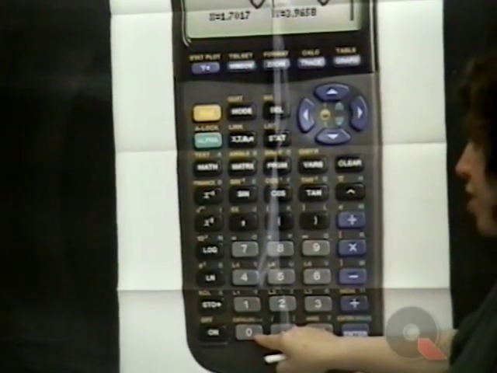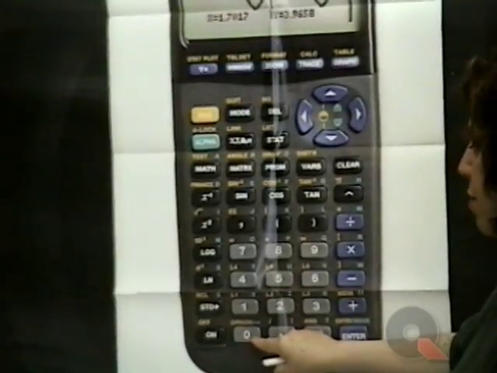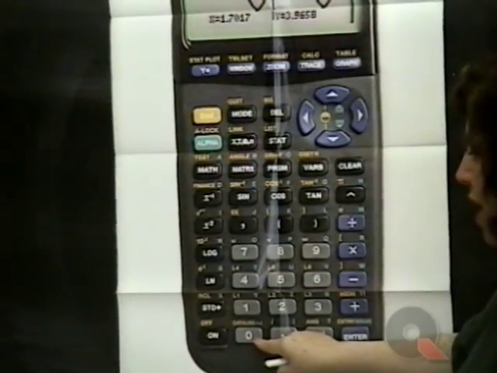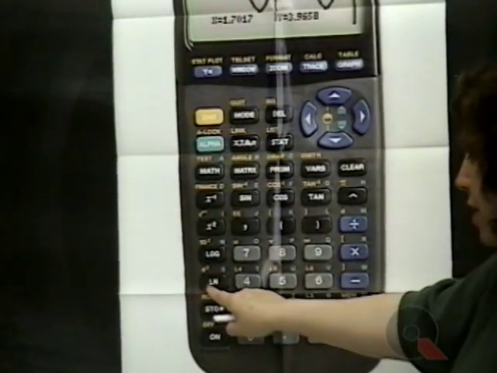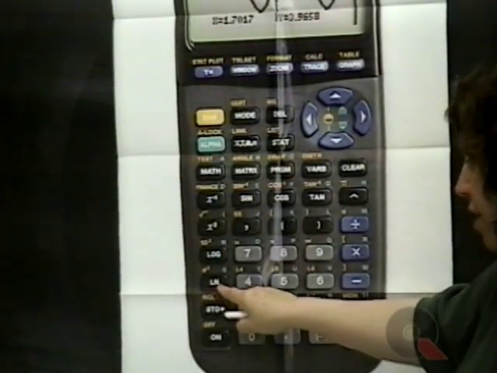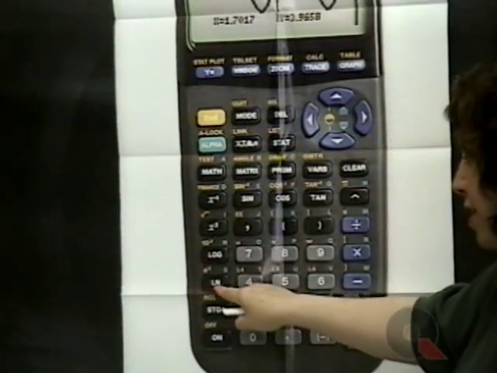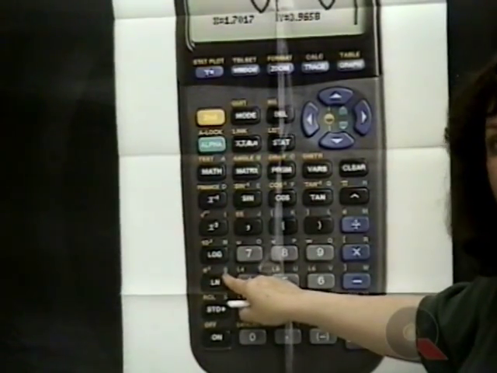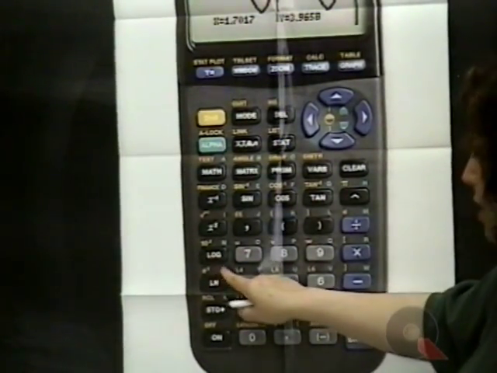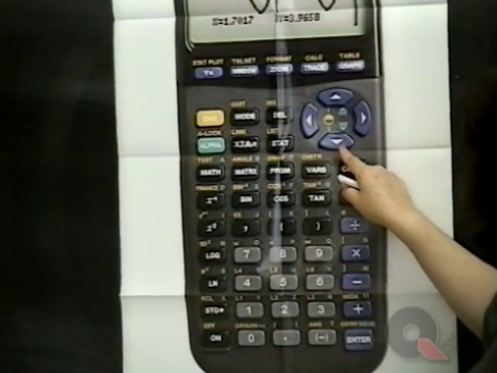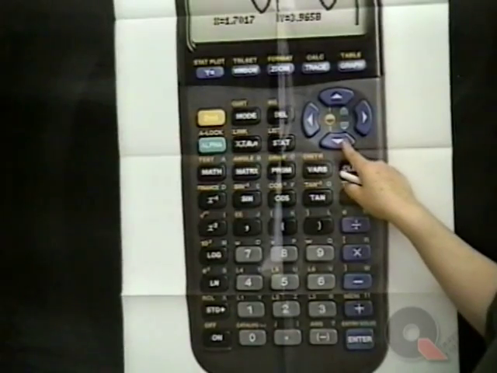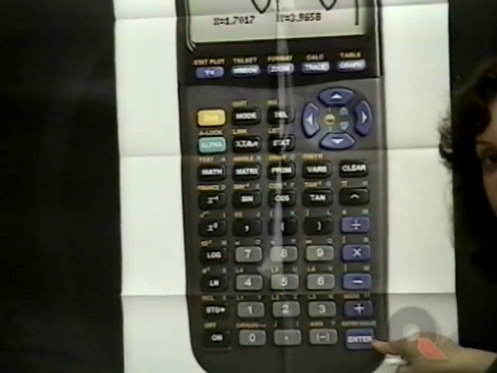Now, it's like a dictionary, and I'm going to be starting with A, except the button I want is solve starts with S. So, you see the green letters. I'm going to hit the key that says LN on it. I don't have to use the alpha key. That's going to take me to the S portion of the dictionary. And when I hit the S portion of the dictionary, I'm going to scroll down using this arrow till I get to solve. When I get to solve, I'm going to hit enter to enter the solve button in.